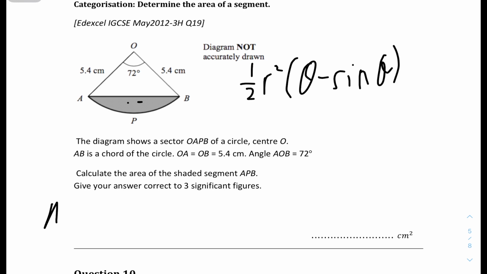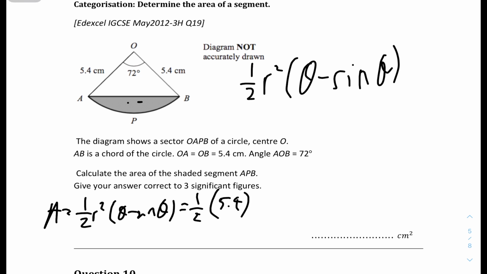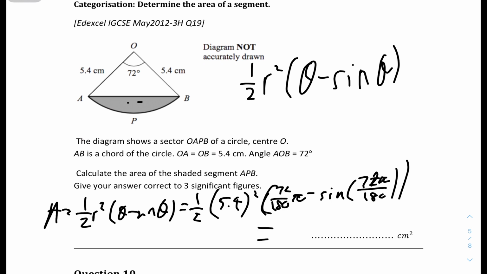So let's just do area equals half r squared (theta minus sine theta) equals half, the radius is 5.4 squared, theta will be 72 divided by 180 pi, minus sine 72 pi over 180. And this will get us a value of 4.46 cm squared, and that's the final answer.